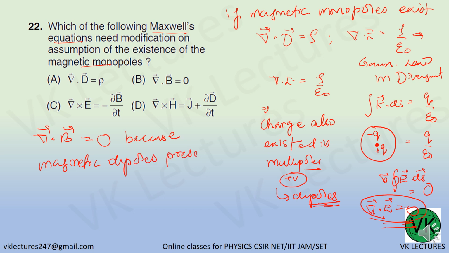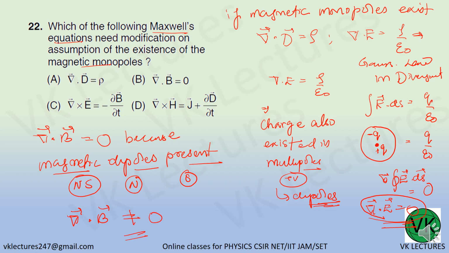Okay, magnetic dipoles are present. A magnet exists in two poles, right? North and south. Suppose you can take out north and south separately, then your del dot B would not be equal to 0. There would be some value like rho.